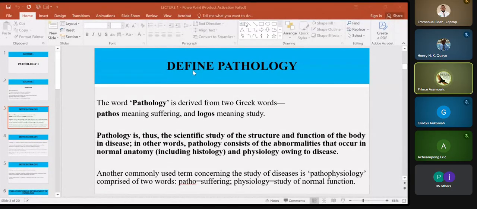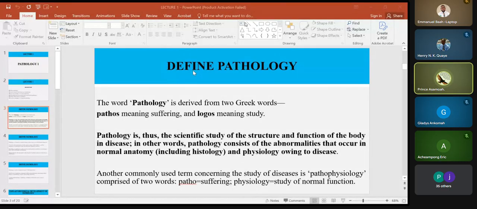In pathology, you are looking at the structure and the function, both of them in a diseased state. So when a structure is diseased, or when a structure is not functioning well, you are studying pathology. That is essentially what we do.